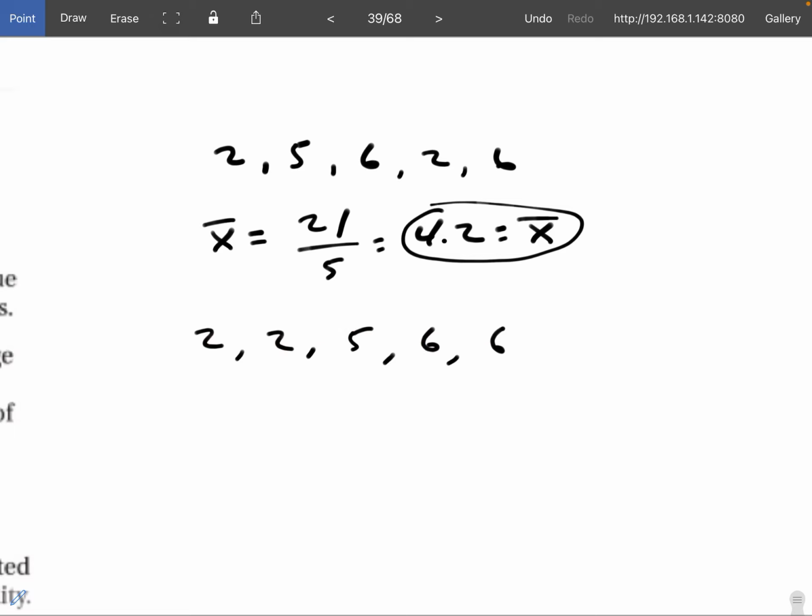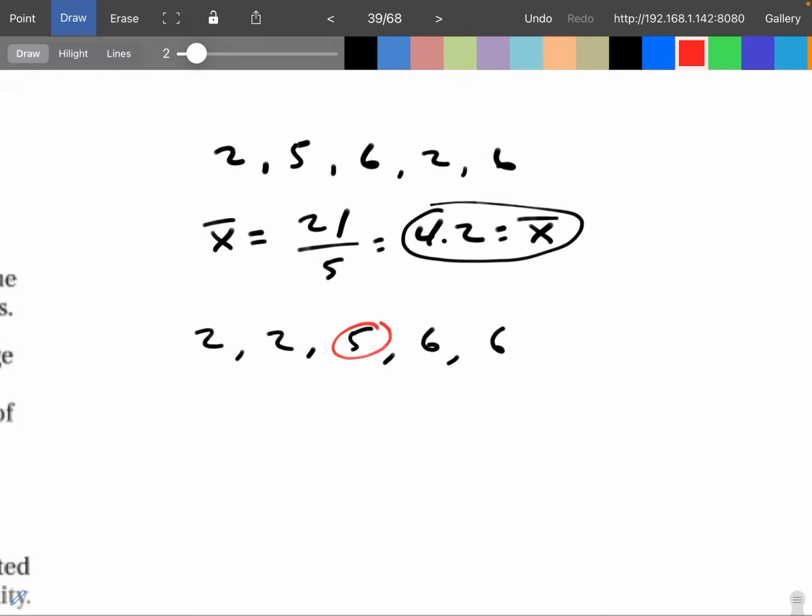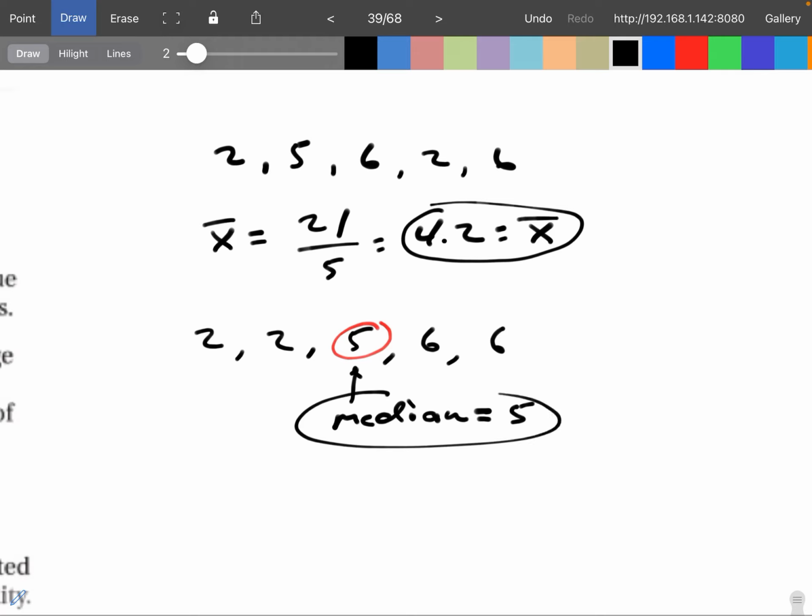So 5 is going to be the median. So the median is 5. And then the last one, what's the mode on this one? Which one occurs most often?